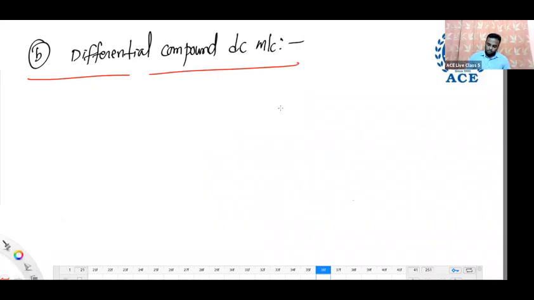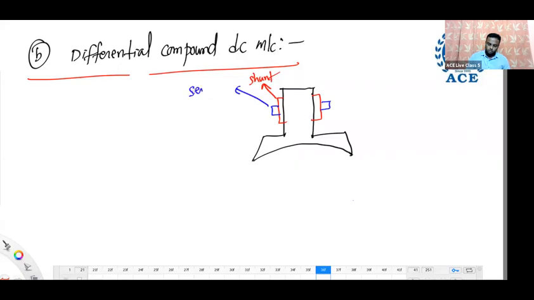Again, on the same pole core, the two field windings, shunt field and series field. These two windings are arranged such that the current is cross in the shunt and dot here, and now here dot, here cross.